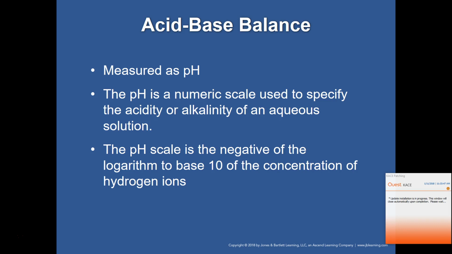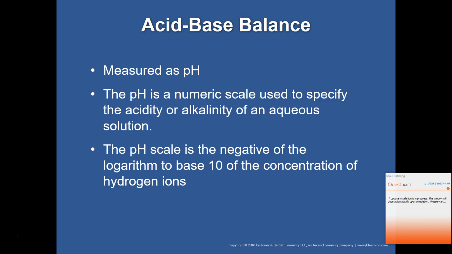So when we talk about acid-base, we're talking about a measurement of pH, which is basically a measurement of the amount of hydrogen in the blood. And the way that they get this number is they draw blood, arterial blood. They do a blood gas, and it'll tell us the pH as well.